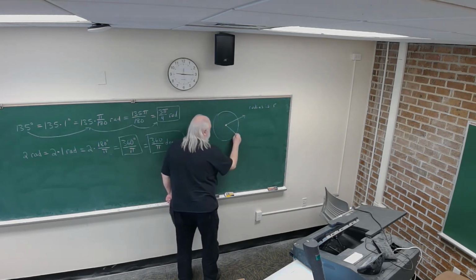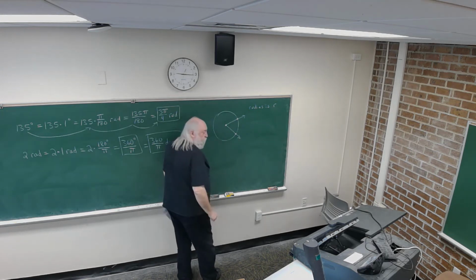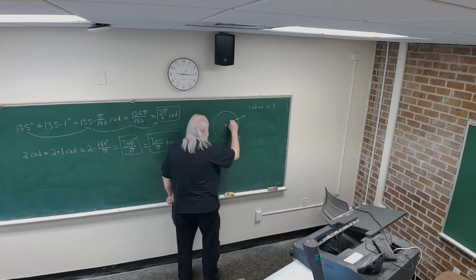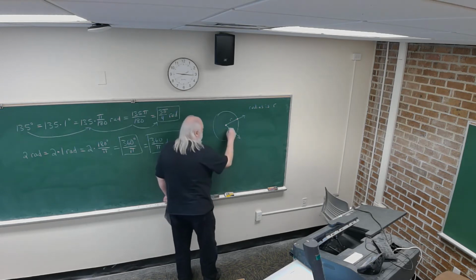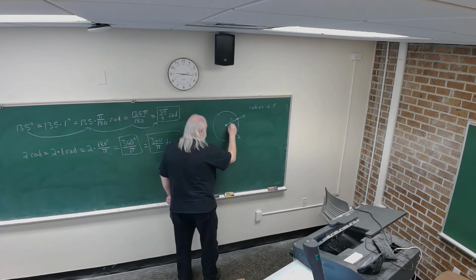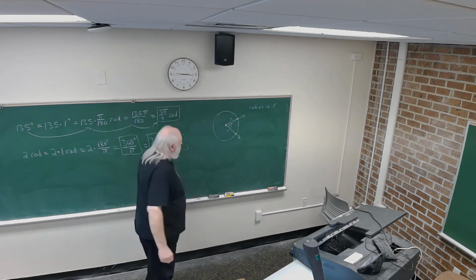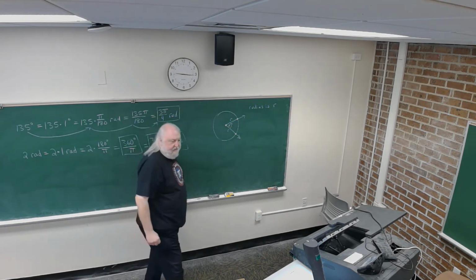The distance from the center to where the rays cross the circle is r units, and the angle between those 2 half rays is theta.